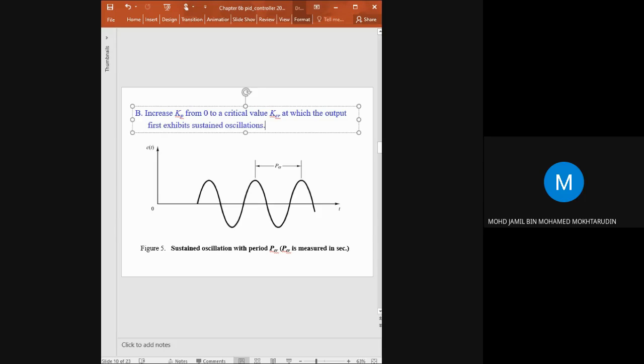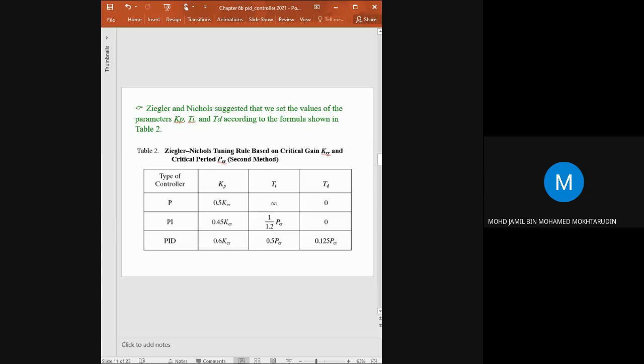Okay. So you increase Kp until KCR, at which the time response oscillates sustainably, okay, or is a marginally stable system. Okay, so Ziegler-Nichols suggests that we set the value of the parameters Kp, Ti, and Td according to the formula shown in the table.